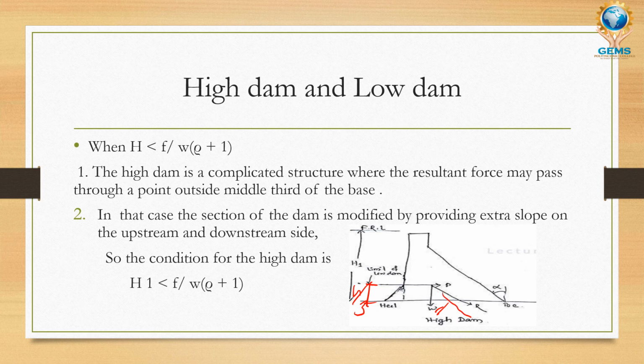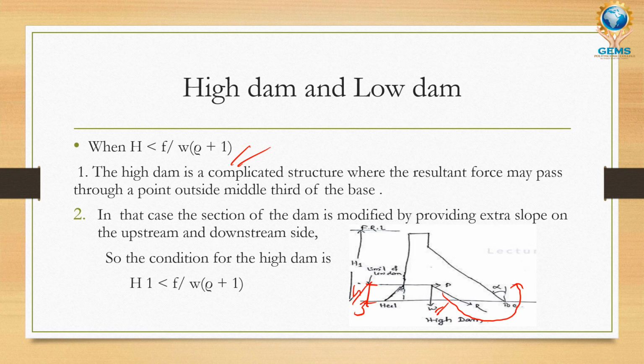This force acts outside h by 3, in the downstream portion. This type of force is only calculated in a high dam. So for a high dam, h is less than F by W into rho plus 1. This is the general difference between a low dam and a high dam.